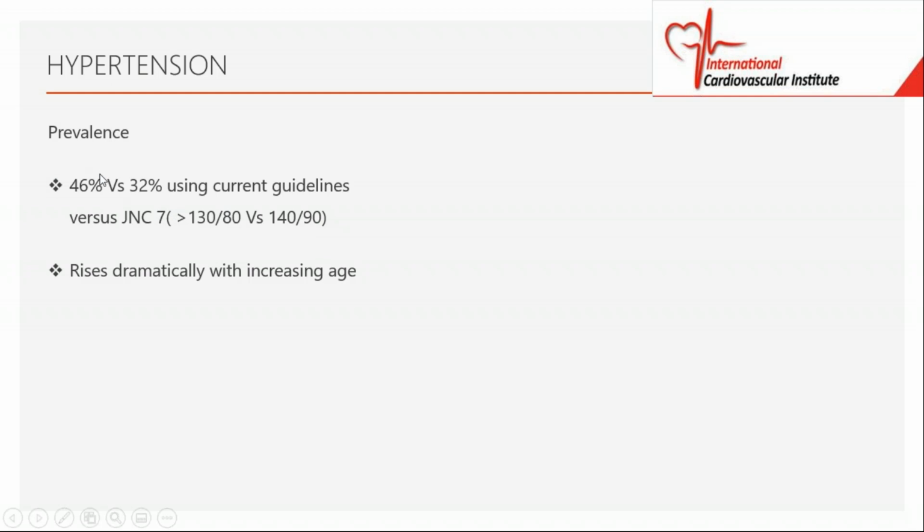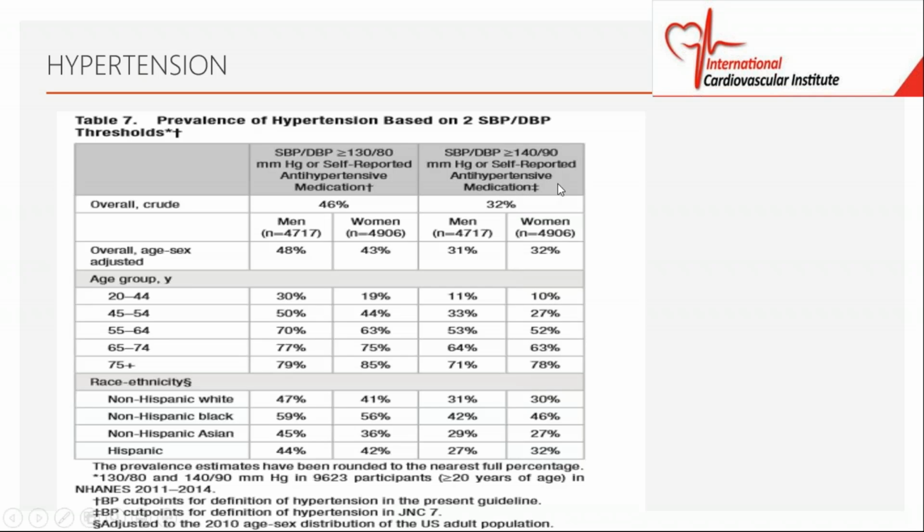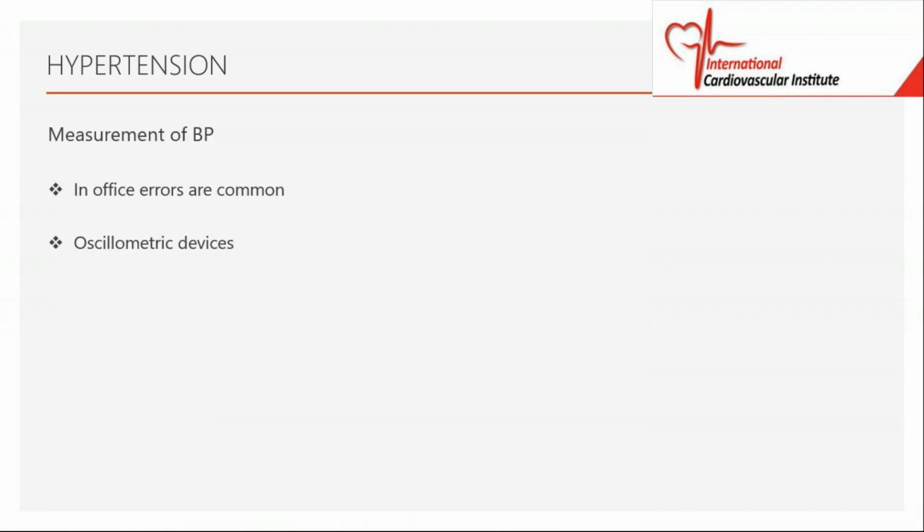But the 2017 guidelines, which say that blood pressure is elevated if it's greater than 130/80, put about 46% of the population in the hypertension category. And as we have said before, the older you get, the chance of developing hypertension increases. It's greater for Black patients and Hispanics as compared to white.